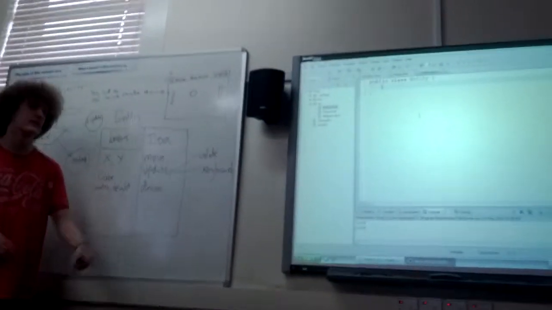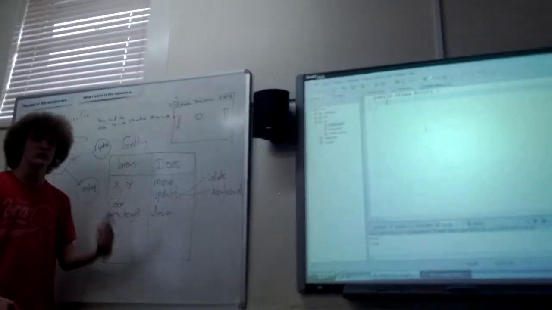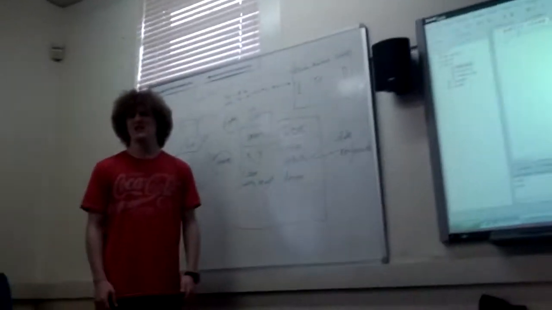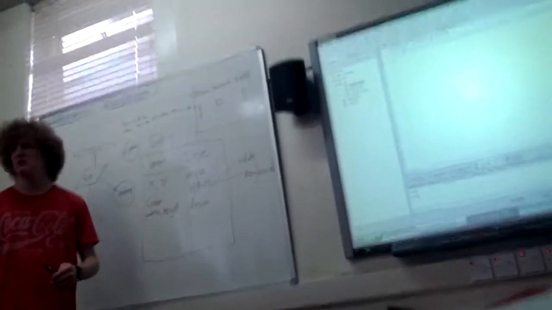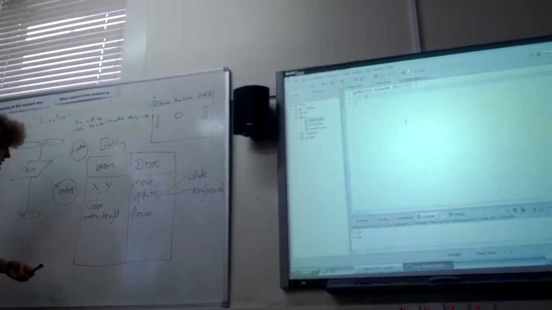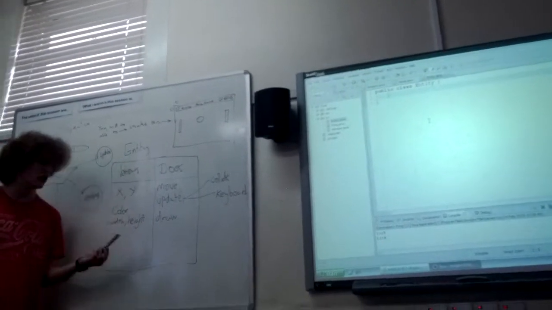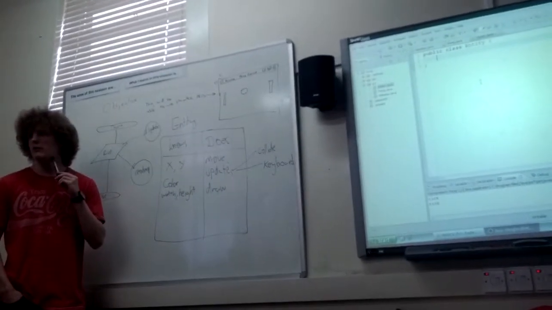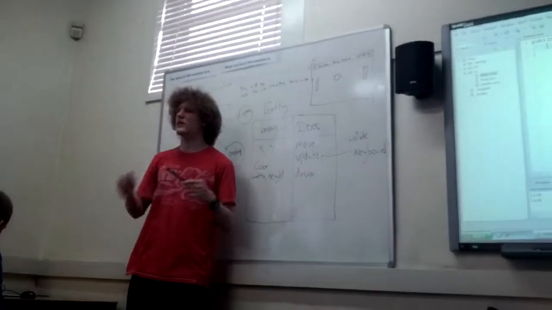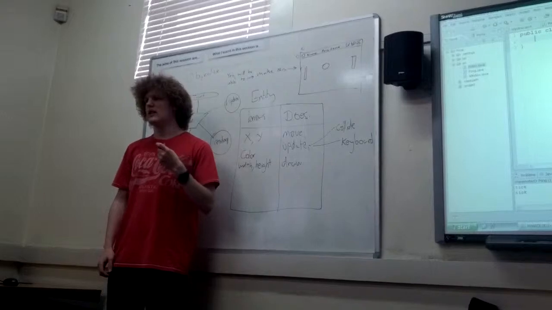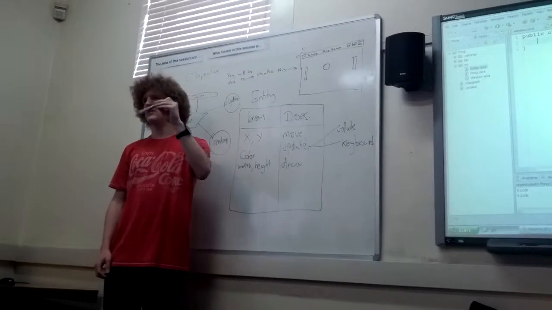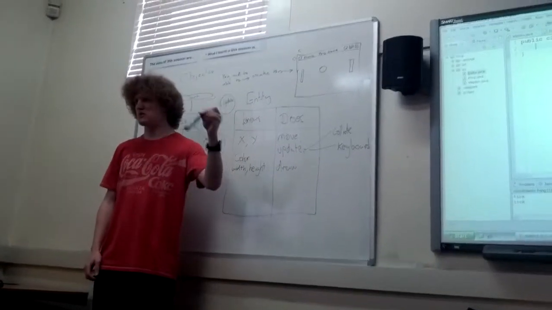It will do moving, updating, and drawing. It won't do its x and y position. Method and function are the same word. I say function after method because I'm trying to use the word function more.